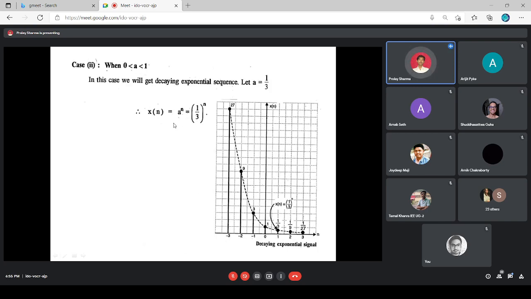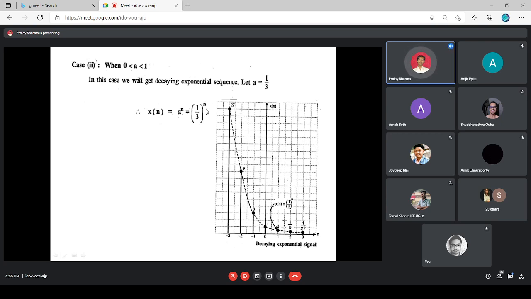Now when a is greater than 0 but less than 1, example, we are assuming a equal to 1/3. So the signal will be x[n] equal to 1/3 to the power n.